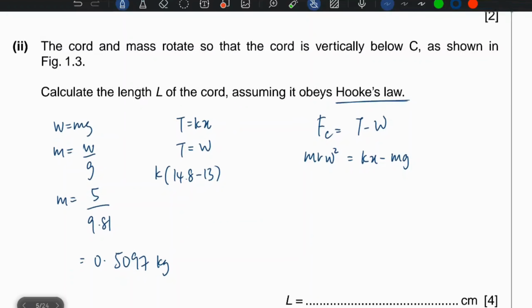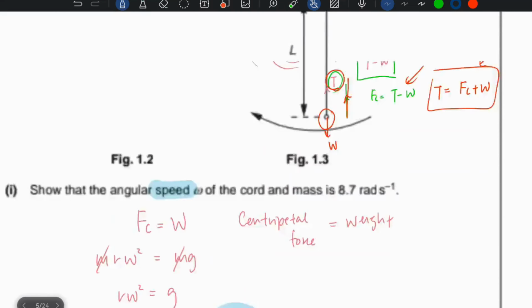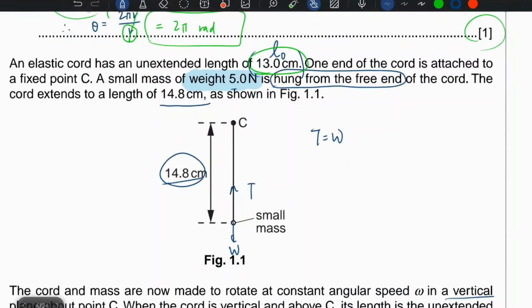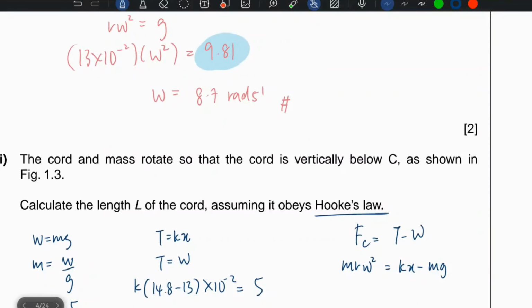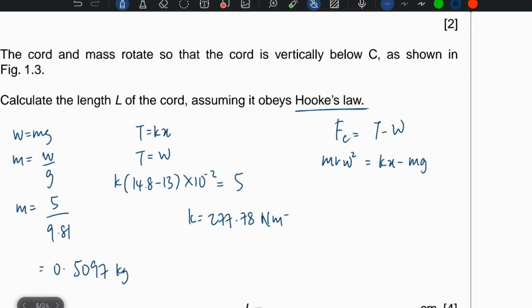Don't forget to times 10 to the power of negative 2 because it's in centimeters. Your weight is 5 Newton, because they already gave that. So calculate your K. You would get K equals 277.78, in Newton per meter if you want to write a unit. So we got our K, we got our mass.